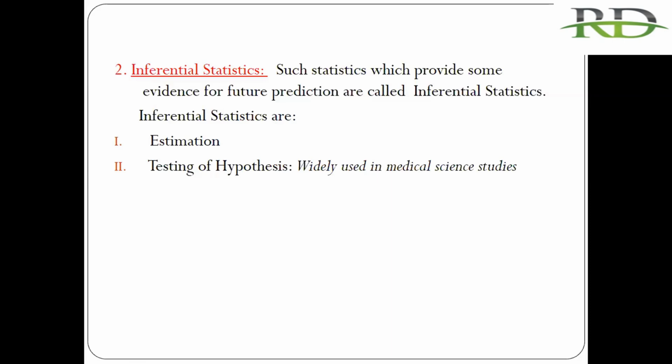This is called complete enumeration. The other case is you take samples from different locations of Delhi, take the observations from those samples, and on the basis of that, you can make the inference about the average height of adolescent girls in Delhi, right?